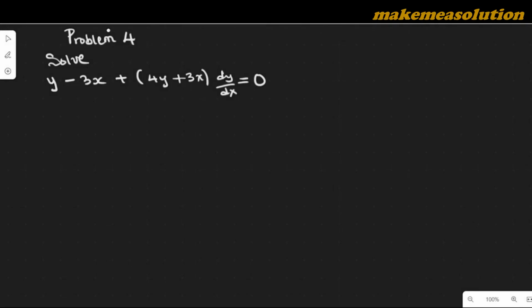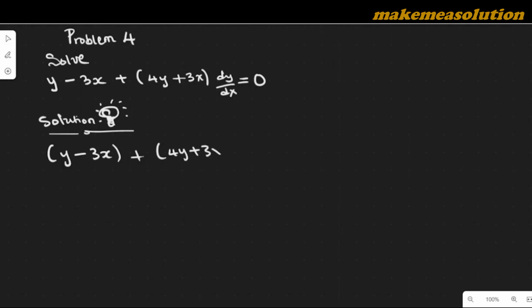Problem 4, we are to solve y minus 3x plus (4y plus 3x) dy/dx equal to 0. So let's go to the solution. Let's try to be very fast in this one, since we've gotten enough background. This is the same thing as y minus 3x plus (4y plus 3x) dy/dx equal to 0.